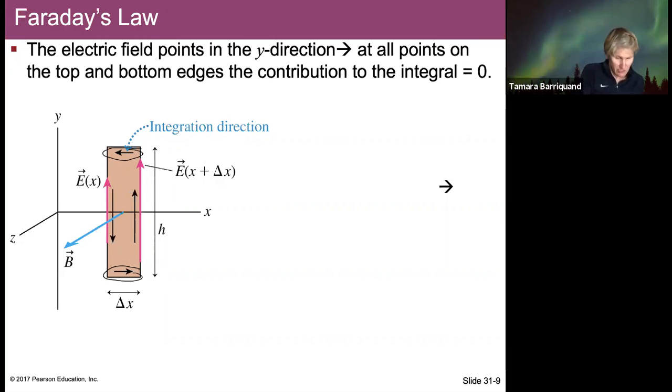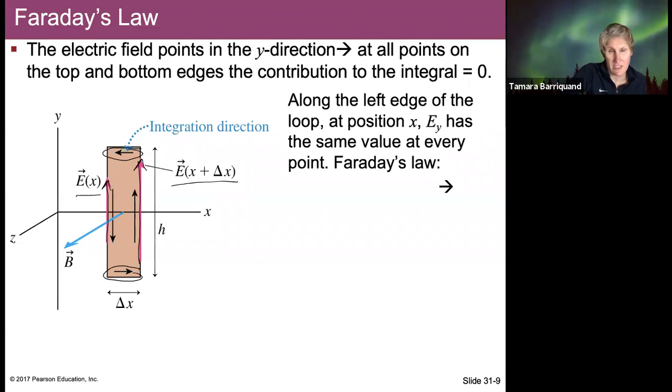The only part of the integration that we're interested in is E(x) over on this side, and this will be E(x + Δx). So along the left edge of the loop, at position x, E_y has the same value at every point.